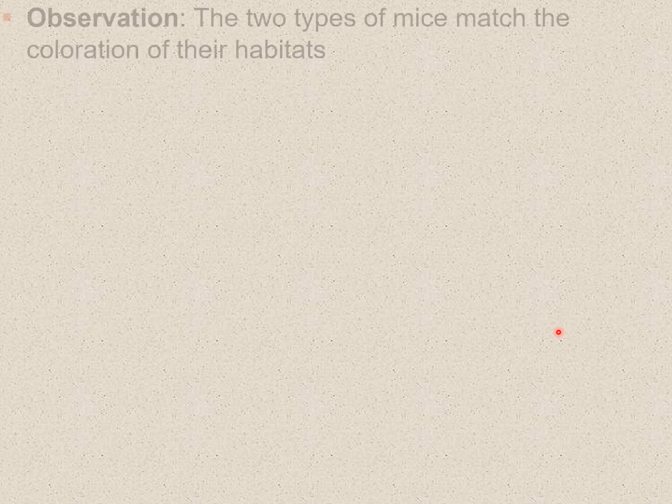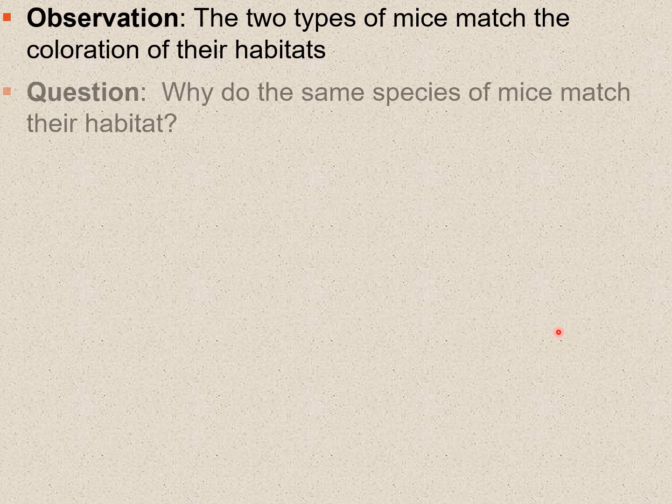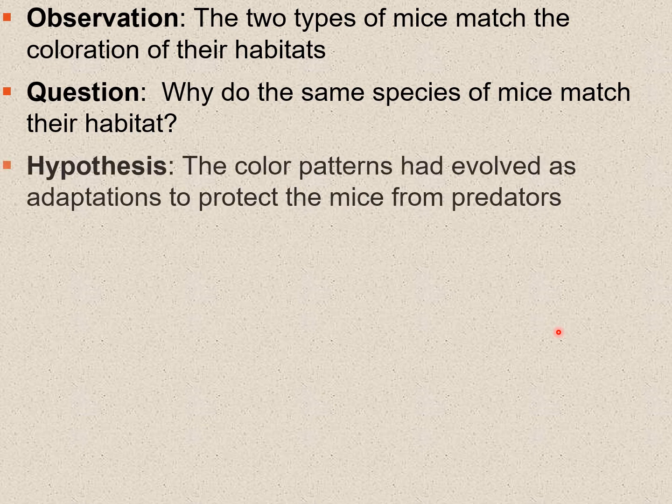All right, so let's look at this example of the study of these two mice. We know what the observation is: there are two types of mice, or really two colorations of the same species, and each of the colorations matches its individual habitat. The question is, why does the same species of mouse match its habitat? Why do we have two different colored mice of the same species that match their habitat?